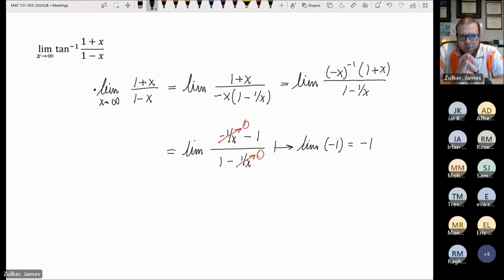Right? So ask yourself, is the inverse tangent function continuous at -1? That is, is -1 in the domain of the inverse tangent?